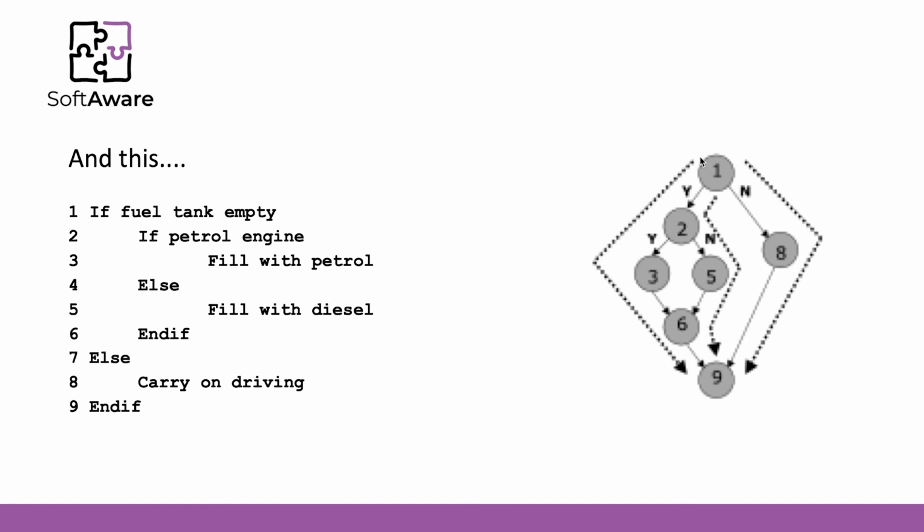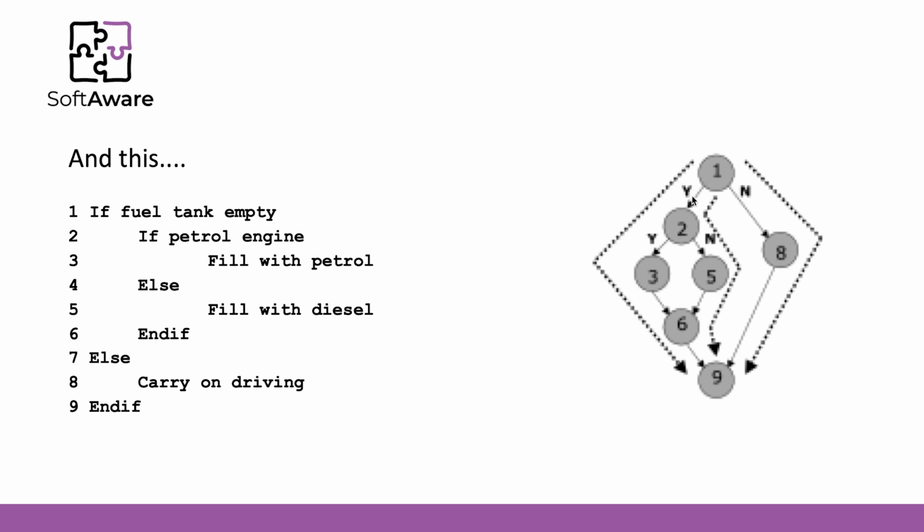So for instance, test case number 1 could be this one, test case number 2 could be this arrow, and the last test case could be represented by this last arrow here at the right. If we try to design a test case, for instance, test case number 1, we can actually say that the fuel tank is empty.